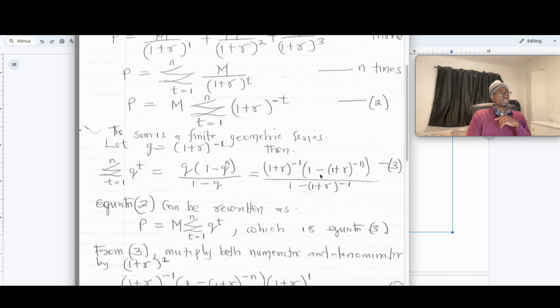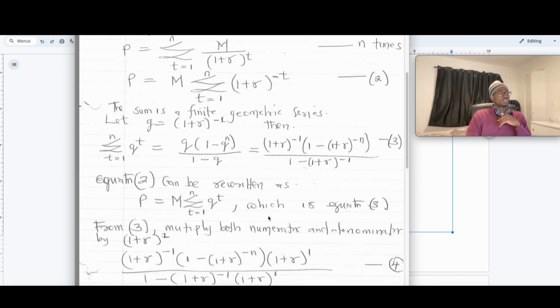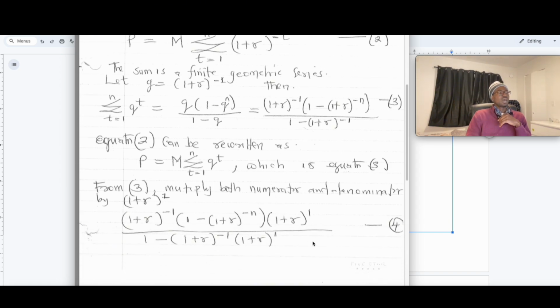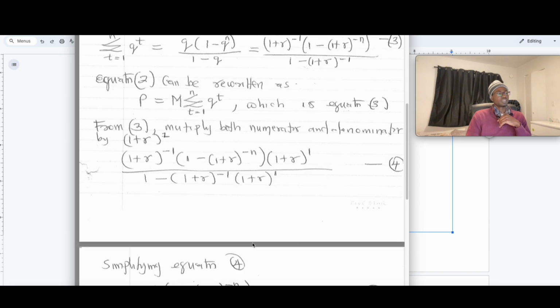Now from this equation 3, we can multiply both the numerator and the denominator by 1 plus r, because we want to simplify this equation. If you multiply the numerator and the denominator by 1 plus r, the 1 plus r will cancel out this 1 plus r raised to power minus 1. So that is equation 4. And then 1 plus r raised to power 1 will multiply the denominator here, so you can see that there.